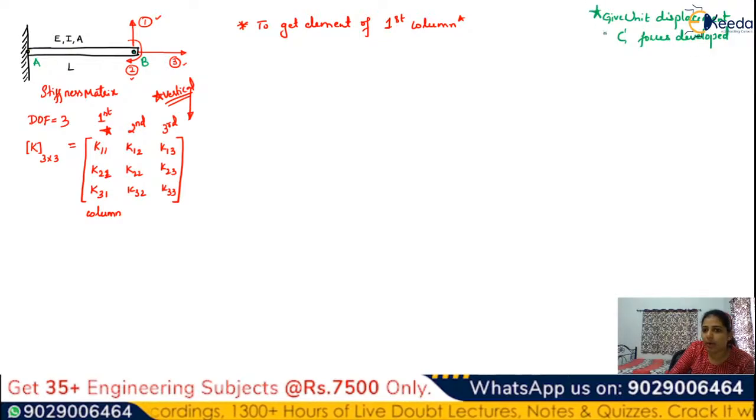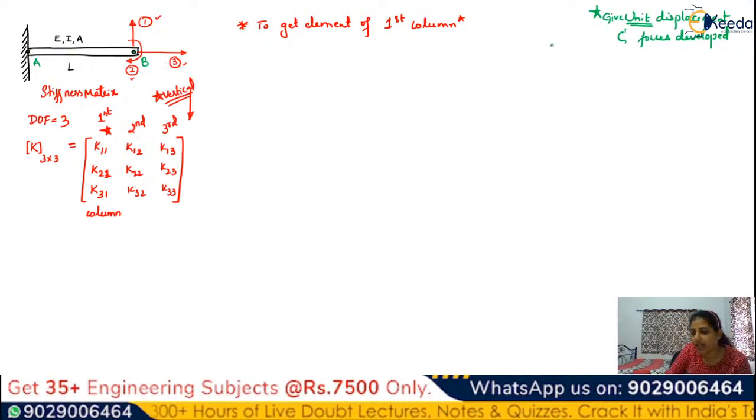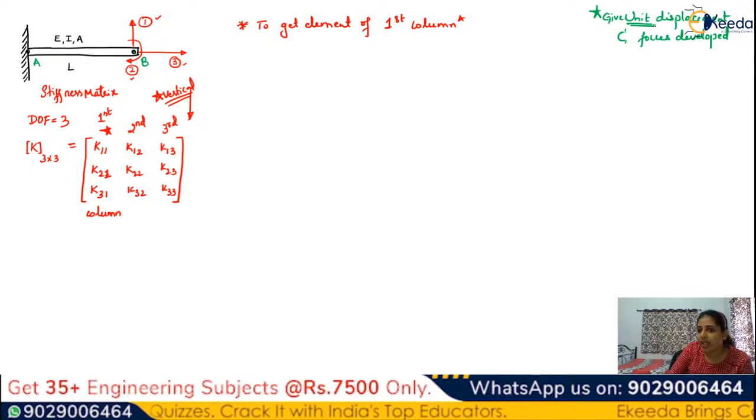Okay, this is very, very important. So whenever we are developing stiffness matrix, we give unit displacement and we see what are the forces developed in the directions of the coordinates.